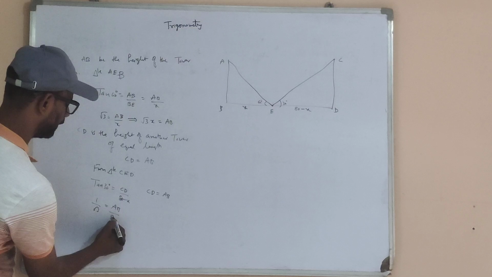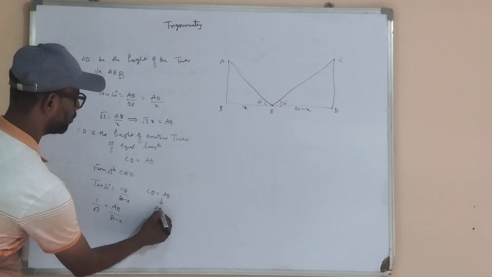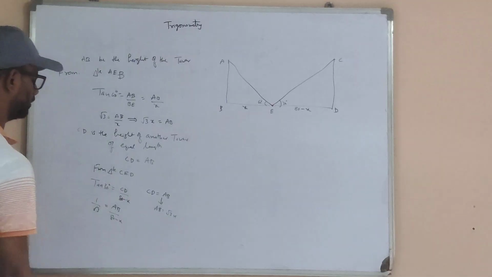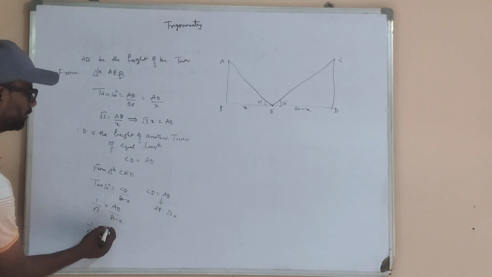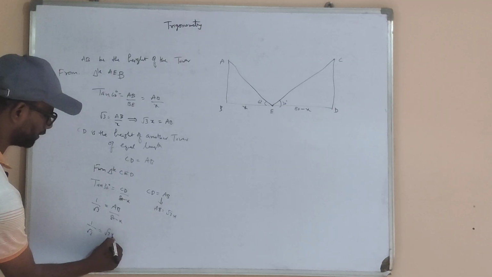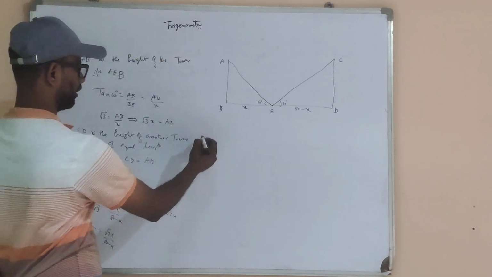So we know from here AB is equal to root 3x. So 1 by root 3 is equal to root 3x by 80 minus x.